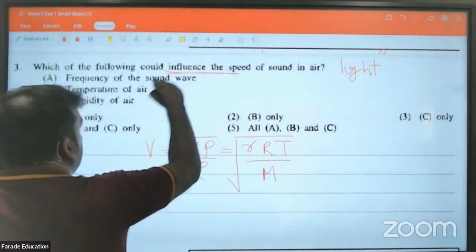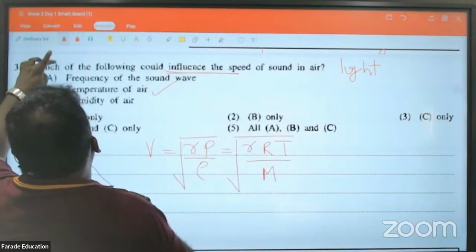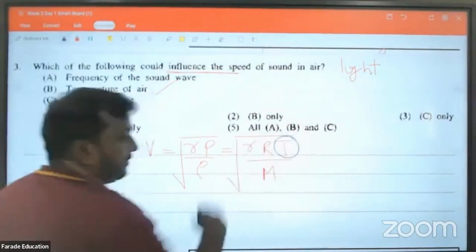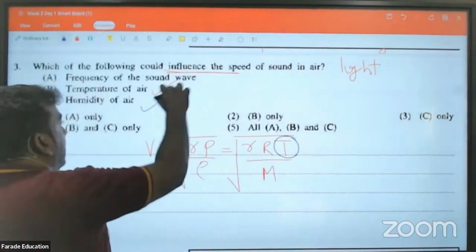Temperature will directly affect it. What else? Humidity also affects it.